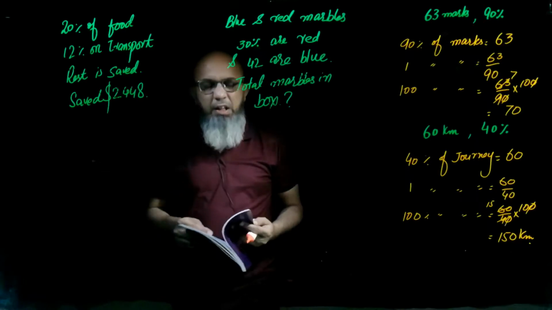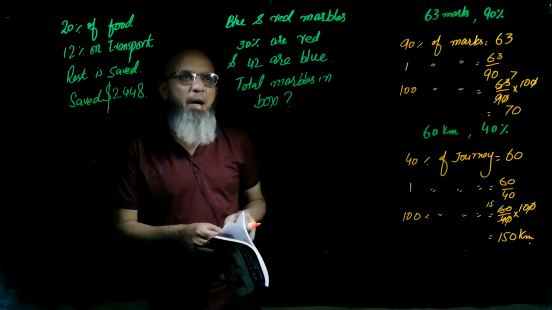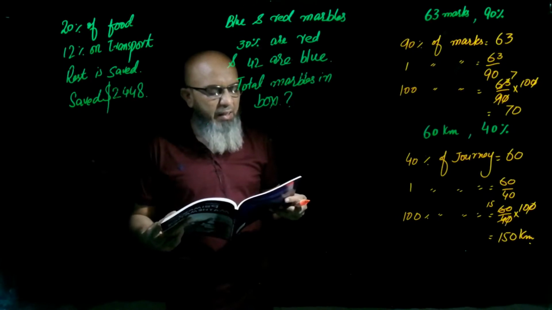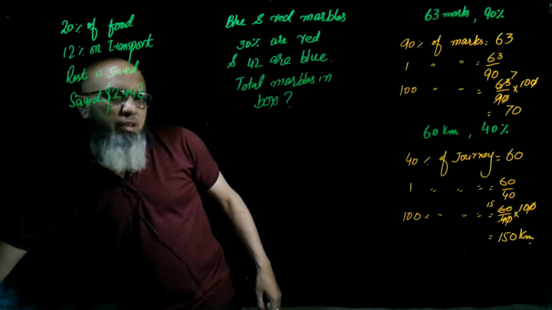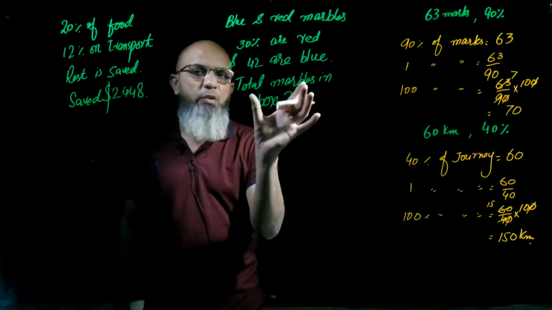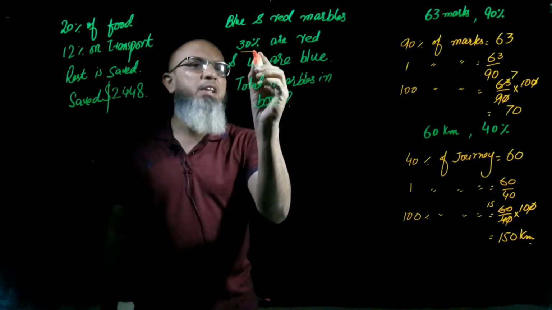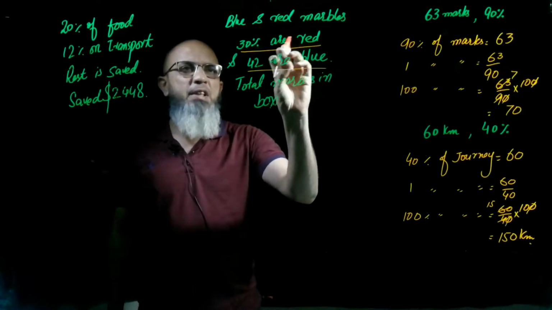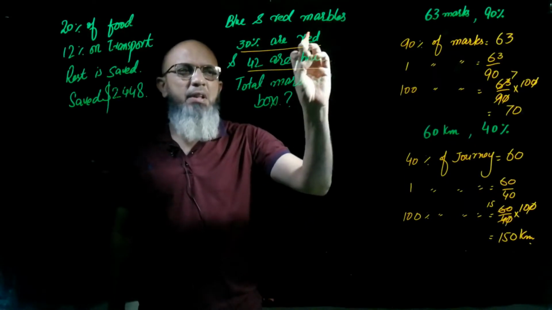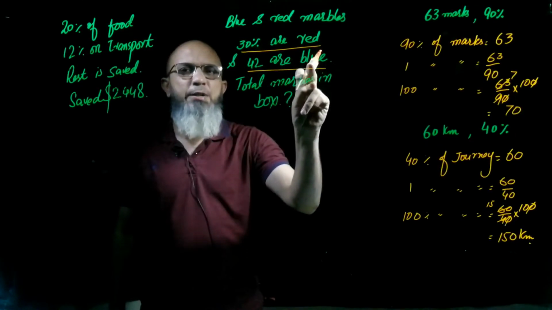There is a container. In the container there are blue and red marbles. 30% are red marbles and 42 marbles are blue. Now you need to focus a little bit. 30% are red and 42 are blue, right? It means the percentage is given for red marbles and the number is given for blue marbles.